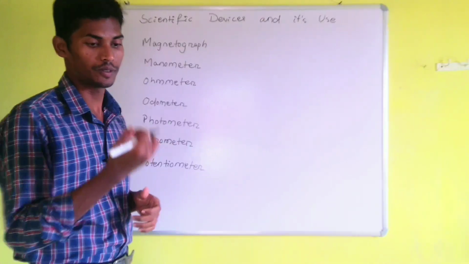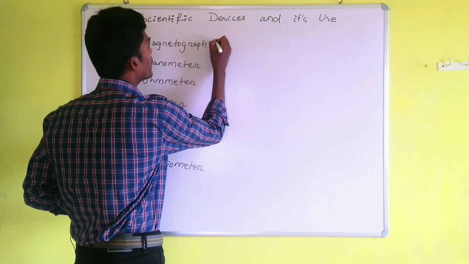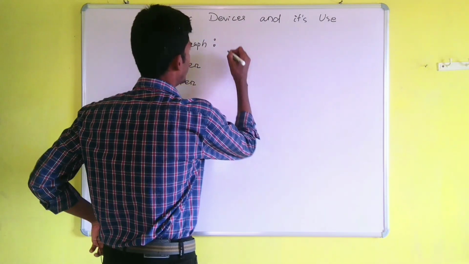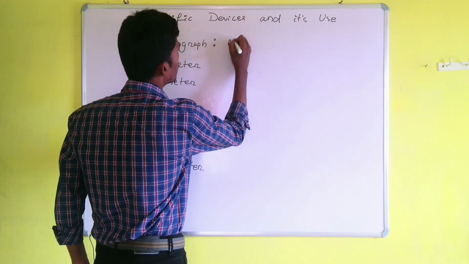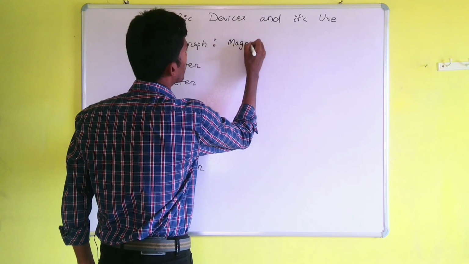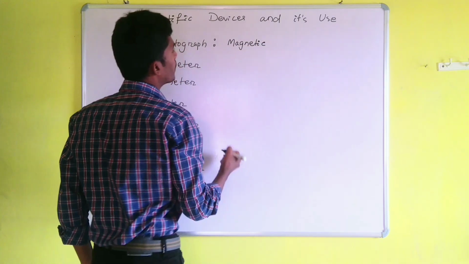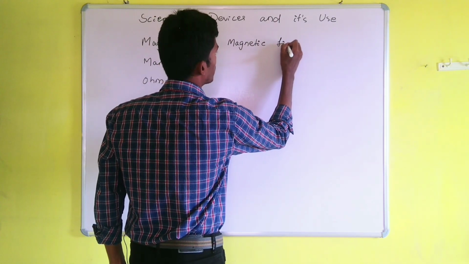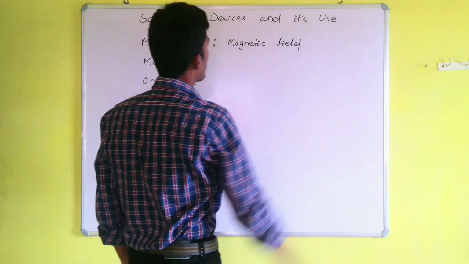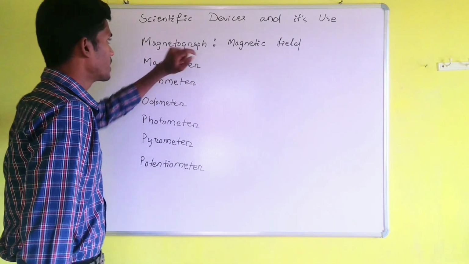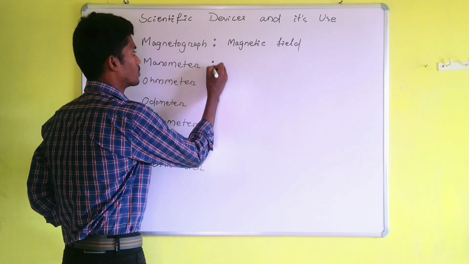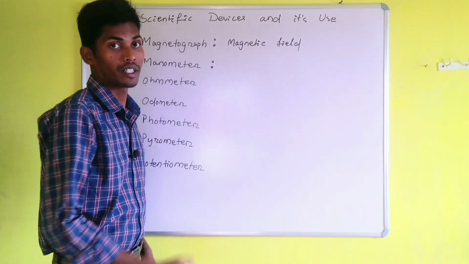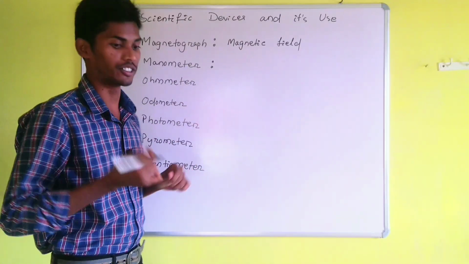Magnetograph is used to measure magnetic field. Manometer is used to measure the pressure of gas.